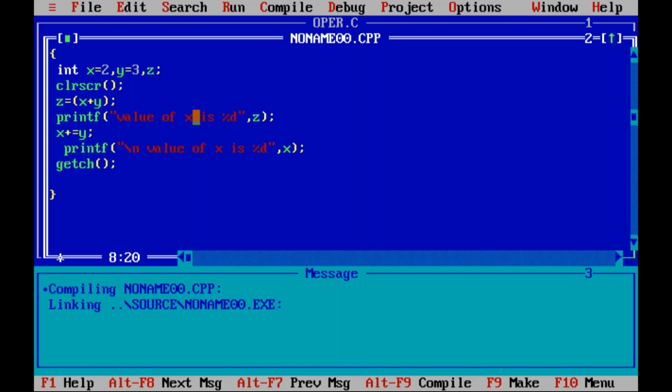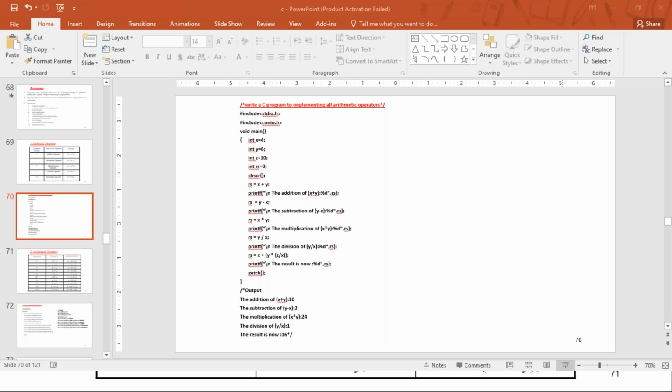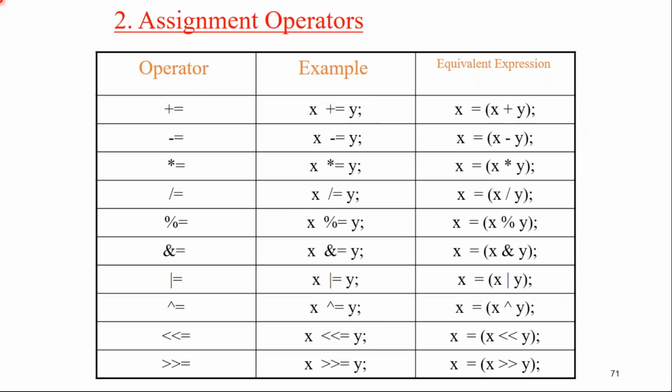The value of x in z equal to x plus y and x plus equal to y is 5, so that we will have clarity. So these are what the arithmetic operators are actually.